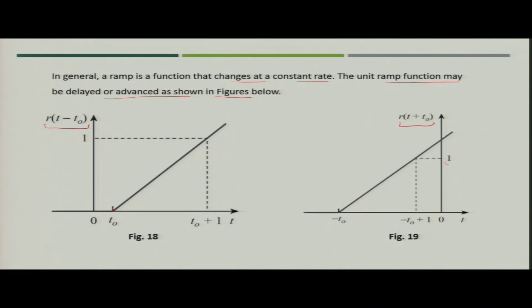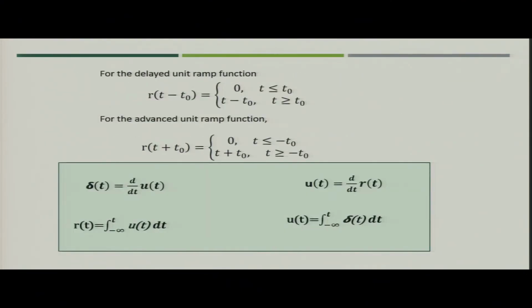Now, with the definitions of the unit step, unit impulse and unit ramp functions, let us summarize what we have discussed till now. For the delayed ramp, for time t less than or equal to t naught, the value would be 0. For time t greater than or equal to t naught, it will be t minus t naught.